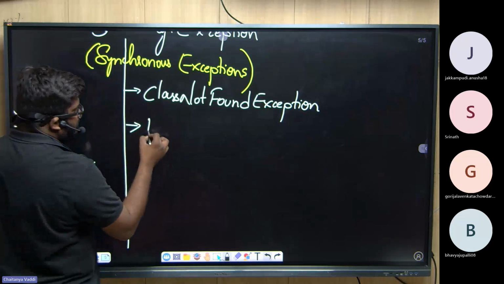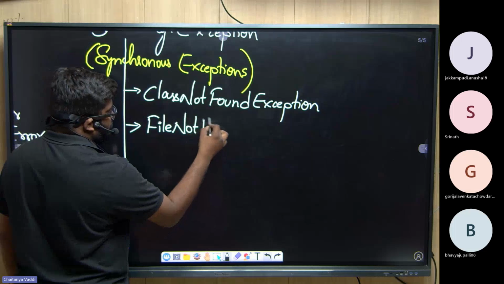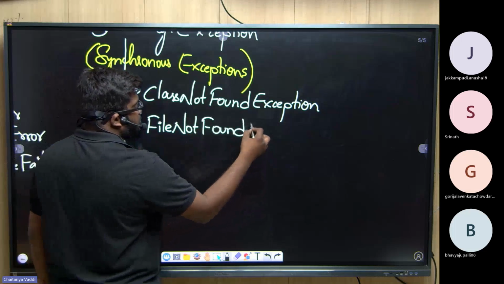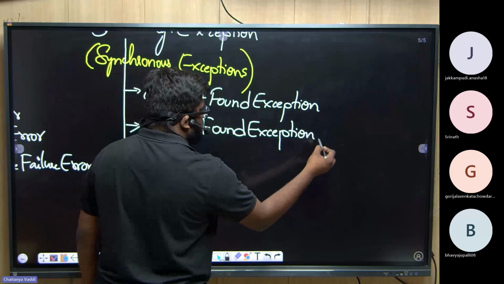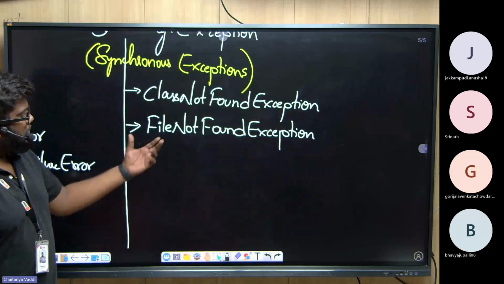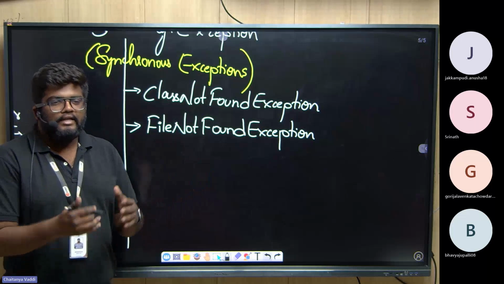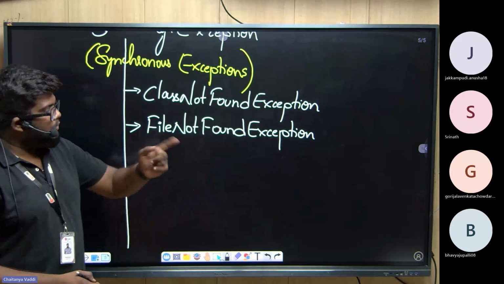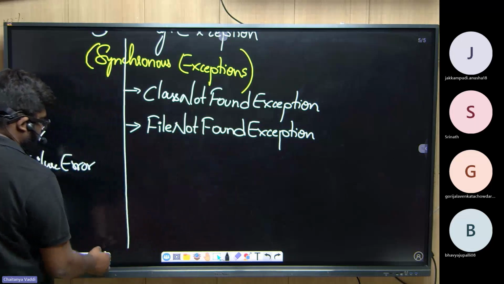Okay. And then there is something called FileNotFoundException. I can talk about this specific exception because it will be easier for us to understand than ClassNotFoundException. Okay. So whenever we want to transfer any data that we create in our Java application to an external file, let's use a new page.